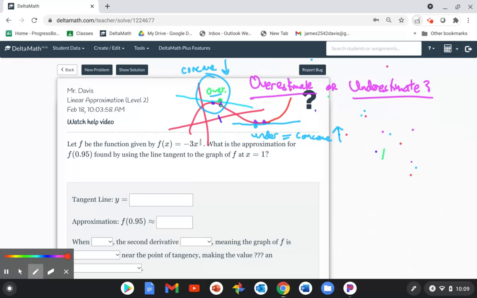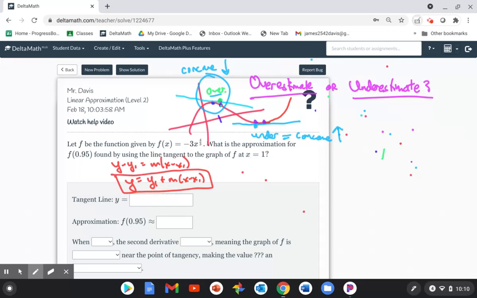That's the point slope one: y minus y1 equals m times x minus x1. We just rearrange this, add the y1 over, and it becomes y equals y1 plus m times x minus x1. I'm going to use this form on all of them, just so we're not doing extra work. But feel free, if you want to use y equals mx plus b, that is perfectly fine as well.